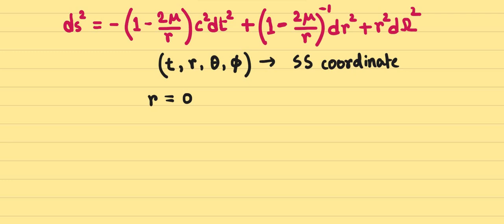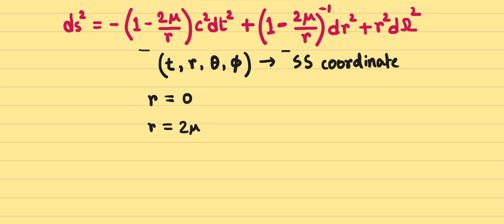There is another source of singularity: the point where we have r equal to 2μ. In that case, this coefficient right here and this coefficient right here go to 0 or 1 over 0, depending on the type of the coefficient, and that also leads to a type of coordinate singularity as well.